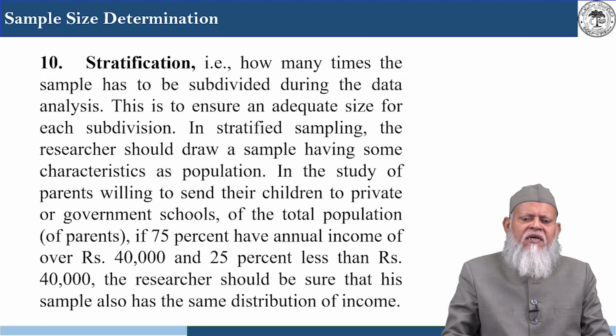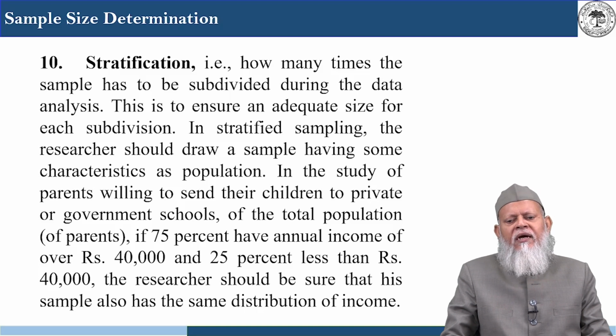Then the next is stratification, that is how many times the sample has to be divided during the data analysis. This is to ensure an adequate size for each subdivision. In stratified sampling, the researcher has to draw a sample having the same characteristics as the population.